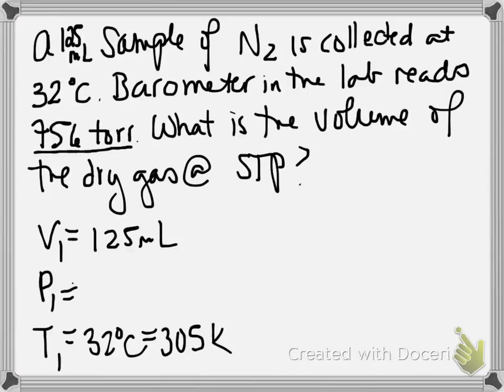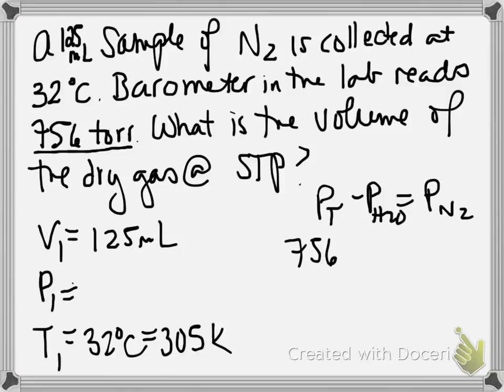We have to take the total pressure minus the pressure of the water vapor that's mixed in with that to get the pressure of our nitrogen. So we have to go to our lookup table, page 899 in the book. Where does the 756 go? Total pressure. So it's not your pressure 1, it's your total pressure.